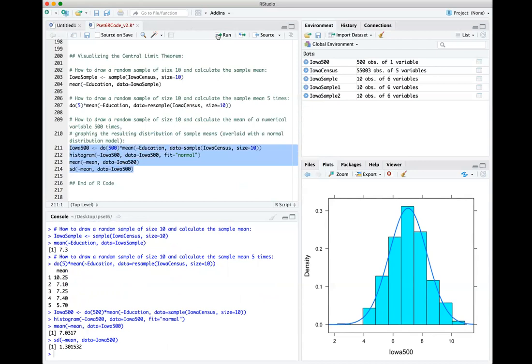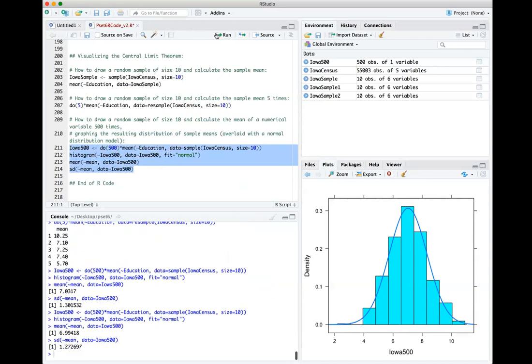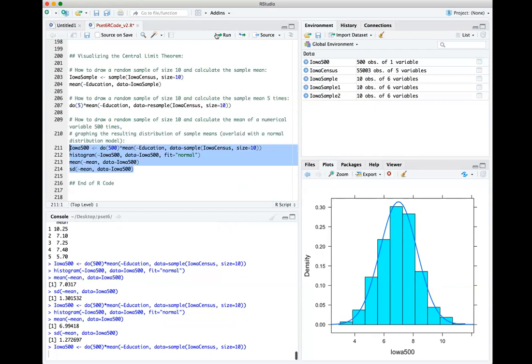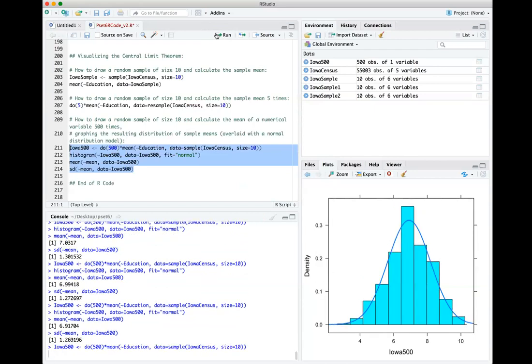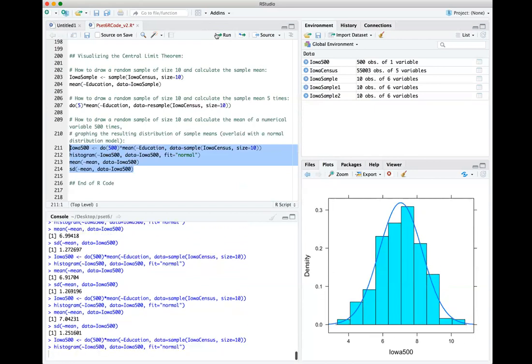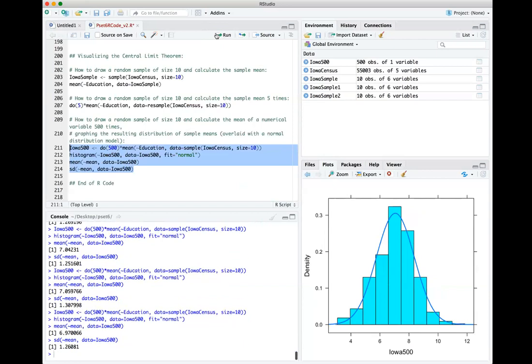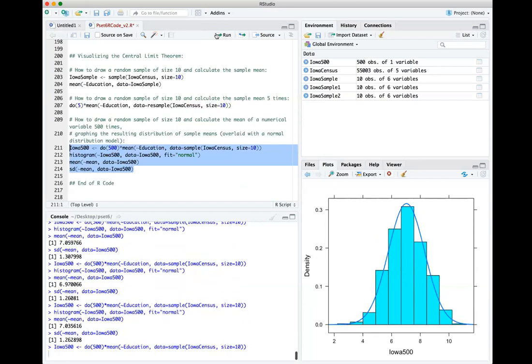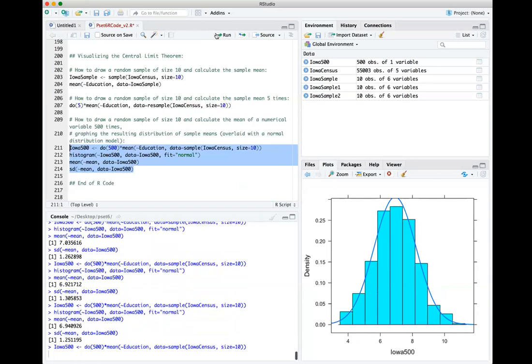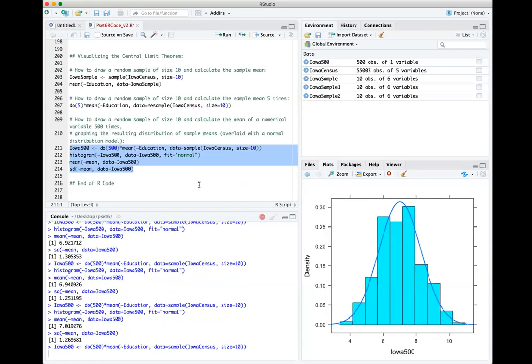And look at that. That's beautiful. That's essentially what you do. And we can do this as many times as we want, and you'll see some variation, but that's going to be basically the bell curve. And that's what the central limit theorem is. You take any sort of samples, and it doesn't matter the variable.